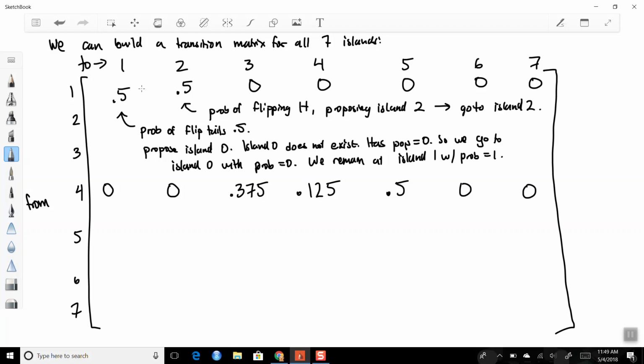All right, let's look at this bottom row for island 7. From island 7, I can't go to islands 1, 2, 3, 4, or 5. I might end up going to island 6. So let's figure out the probability of going to island 6. What has to happen?